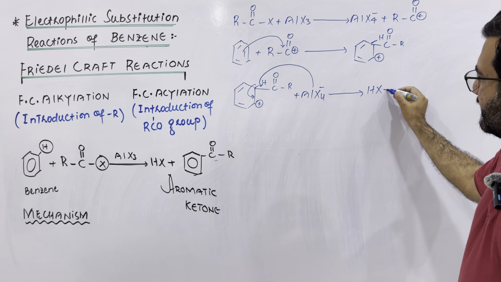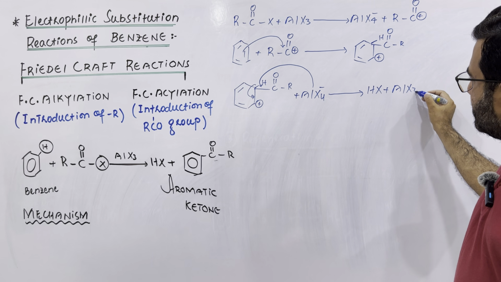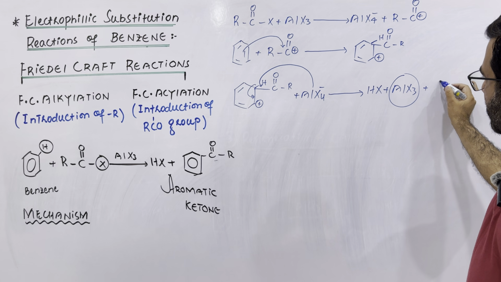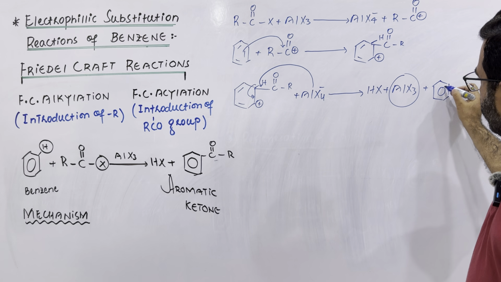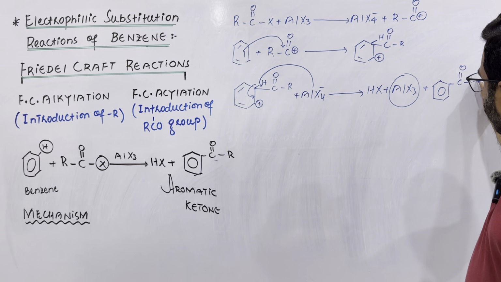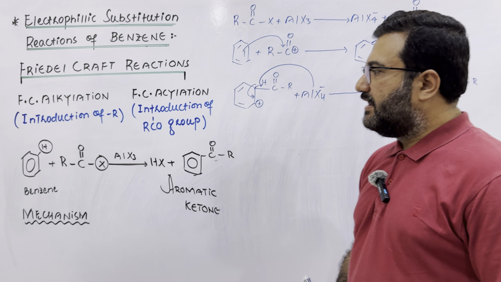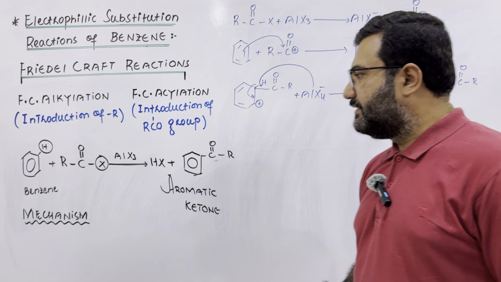You will get HX, the catalyst AlX3 is regenerated, and finally the product will be an aromatic ketone. So that is the Friedel-Crafts acylation.